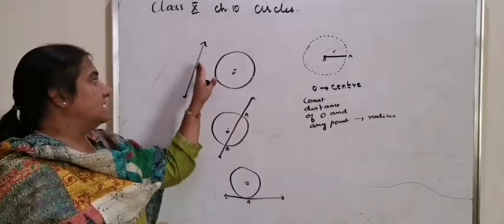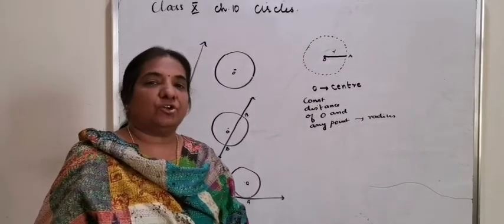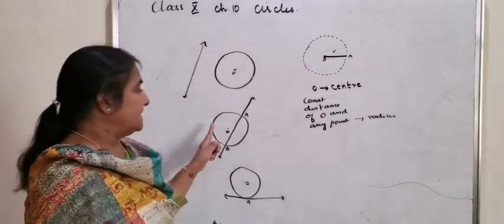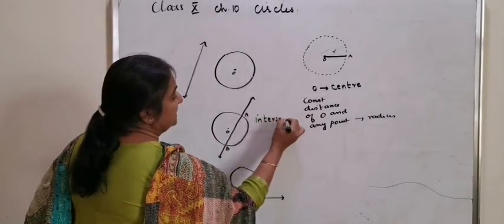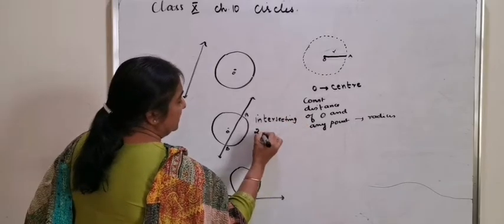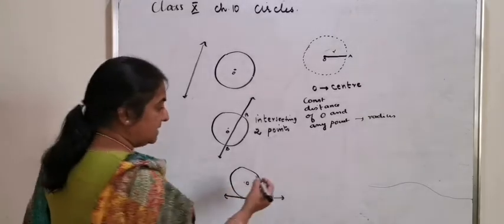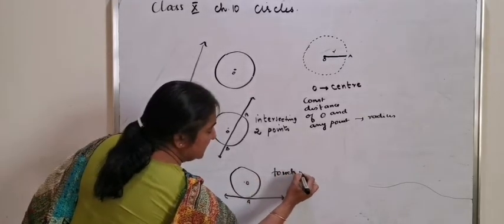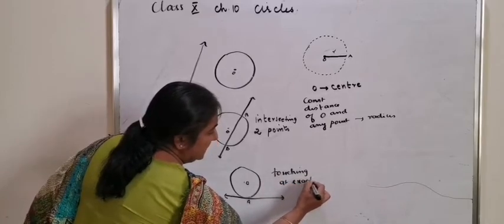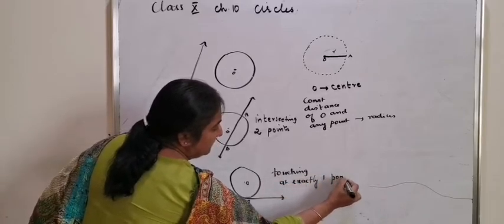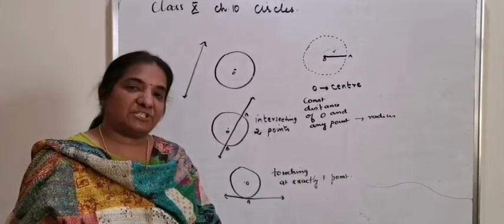So the first case, the line and the circle do not intersect or meet or touch each other. The second case, the line is intersecting the circle at 2 points, and the third case, the line is touching the circle at exactly 1 point. We can define these lines by special names.